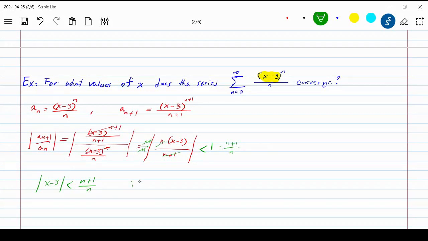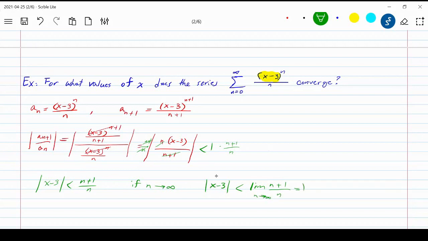Now, if n approaches infinity, what do we have? Then the absolute value of x minus 3 would be less than the limit of (n plus 1) divided by n as n approaches infinity, which is simply 1.